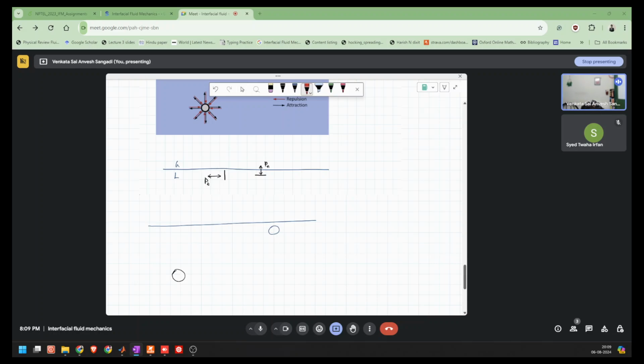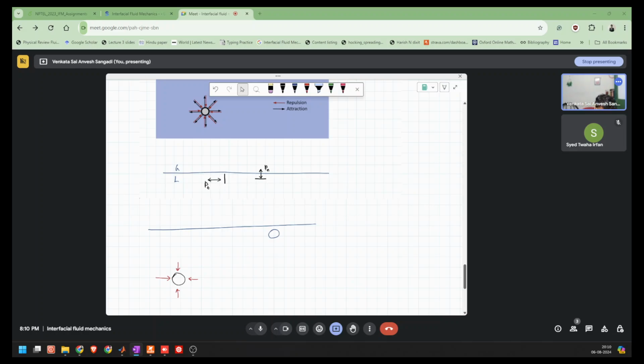So basically, repulsion from other molecules and repulsion, and attraction.